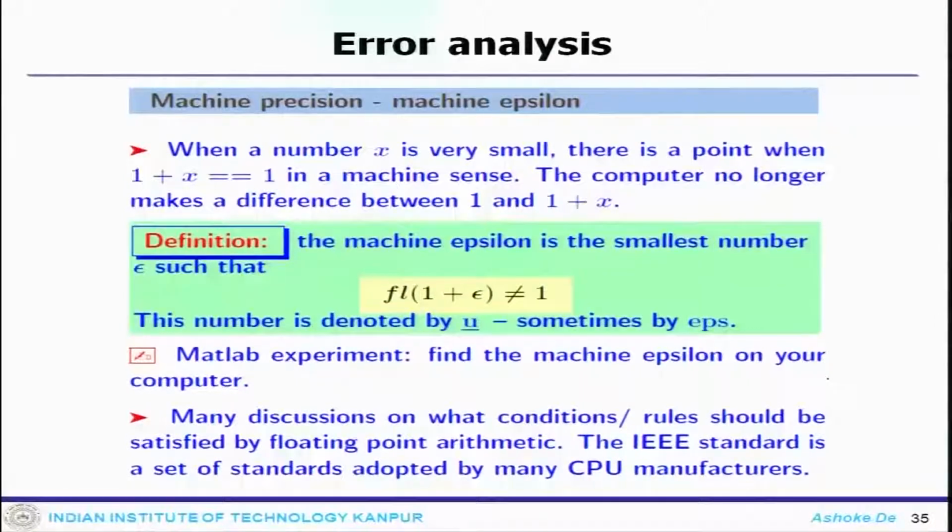Now, the rounding error that appears due to the calculations after the decimal points has to do with the machine precision.